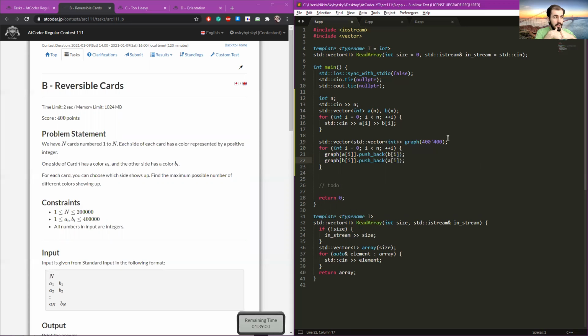Yeah, I don't currently understand how we distinguish the case when we have a double edge. That's all I can say.